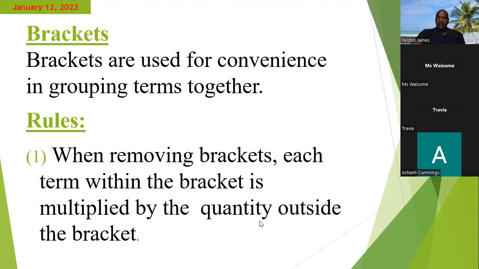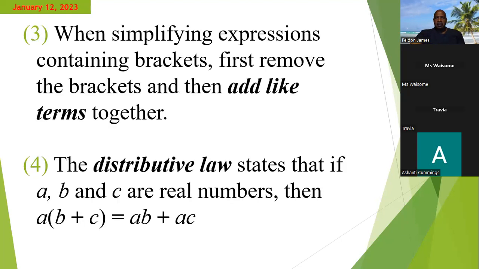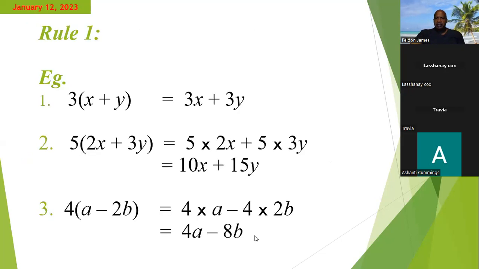Does that satisfy your curiosity? Yes, sir. Okay, all right. Sir, can you show me an example of rule number 3? All right, so we're going to be going through all of these now in terms of examples. We'll have a set of examples for rule 1, then a set for rule 2, then a set for rule 3. So that's what we're going to be doing now.